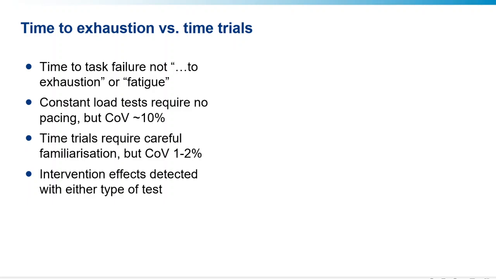But if you look at the effect of an intervention with a time to task failure trial versus a time trial, the two tests will essentially reveal the same information but with different numbers. So either type of test can be used experimentally to reveal the effects of an intervention.